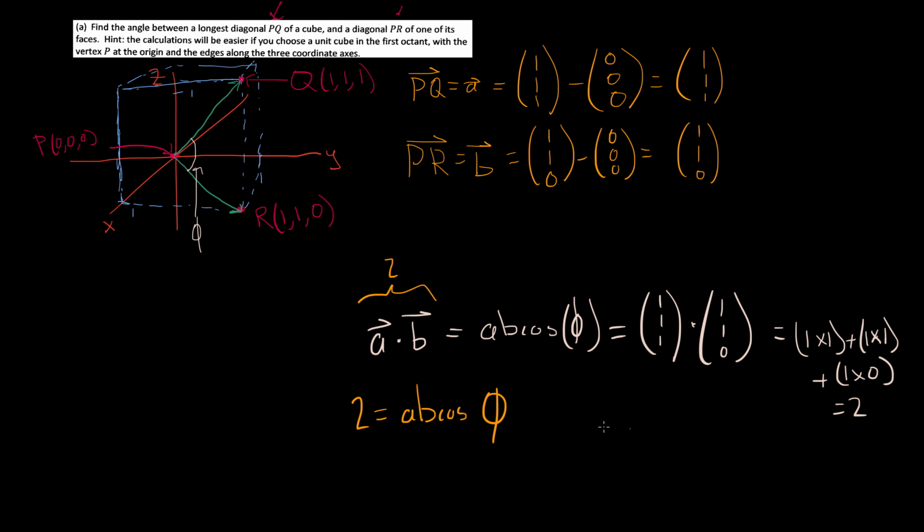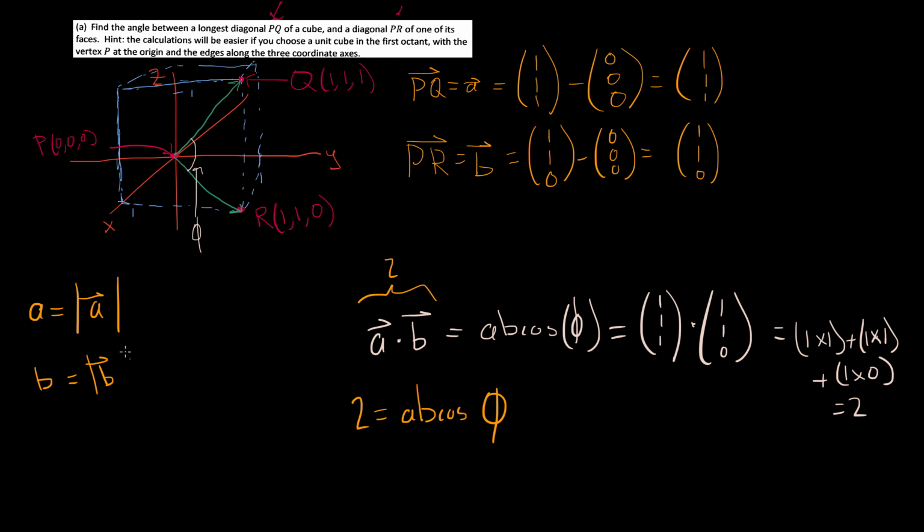We seem like we're pretty close, but we have to find |A| and |B|. And we can find them. Remember that if we have A without an arrow on top, it means that it's asking for the magnitude of the vector.